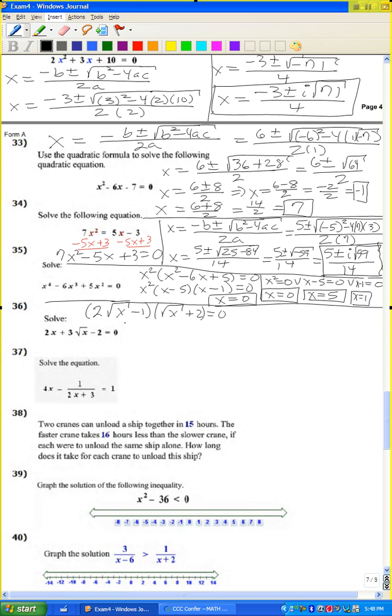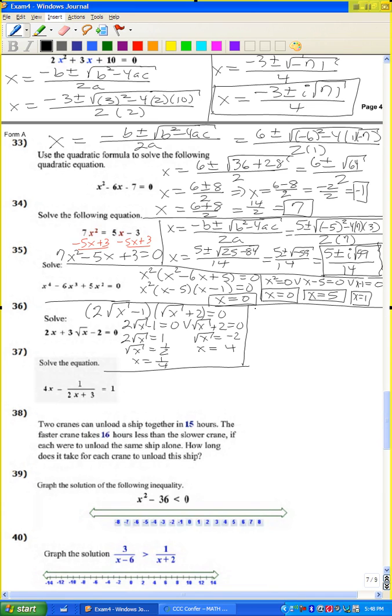And so set each factor to 0 and solve for x. And so add 1, so 2 radical x is 1, divide by 2, square, so x is 1/4. Subtract 2, square both sides of your equation, so x is 4.